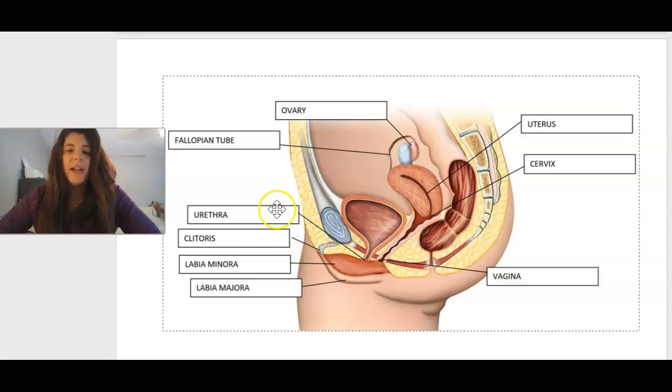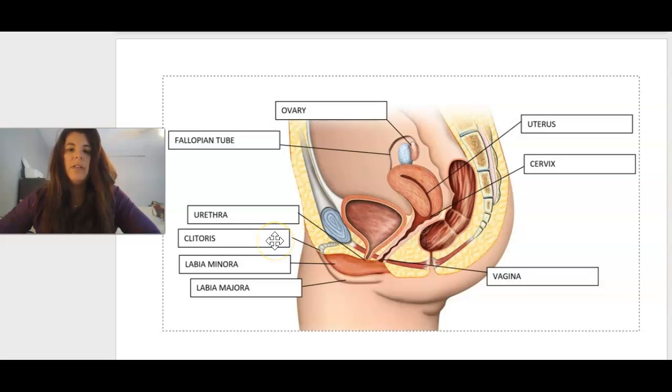Looking more at the external structures, there is your urethra right here, which is the tube that will lead up to your urinary bladder, where urine ends up being released. There is the clitoris, which is right in front, and the mons pubis, which is the fleshy mound of tissue that's right above the pubic bone.